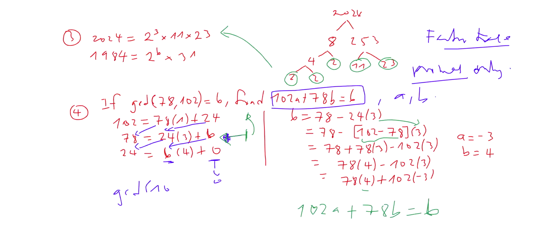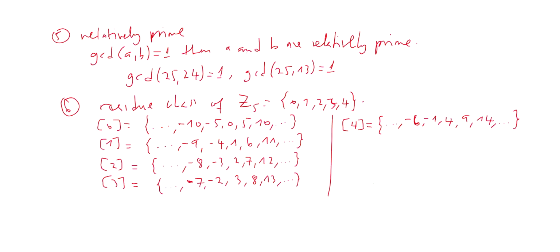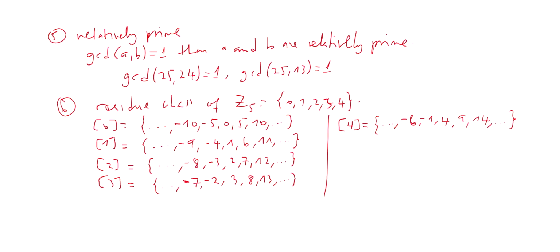Next is we ask the question of relatively prime numbers, and of course this is the definition. Relatively prime means that when two numbers are relatively prime, then their GCD is 1. So if we are asked to find a relatively prime number of 25, then you need to look for the numbers there such that the GCD of those two numbers gives you a 1.